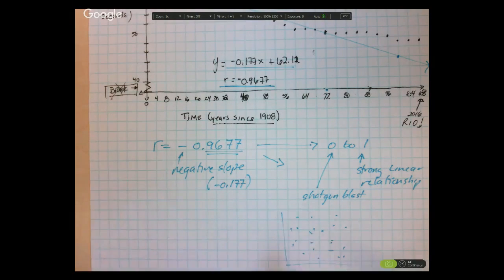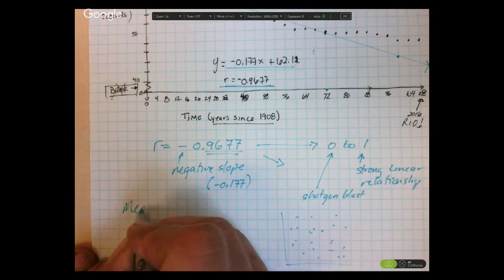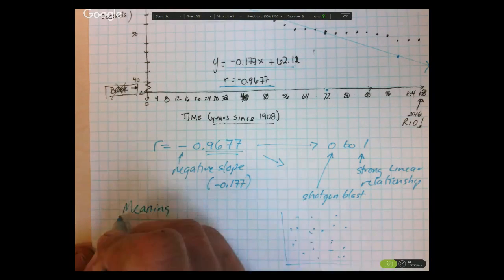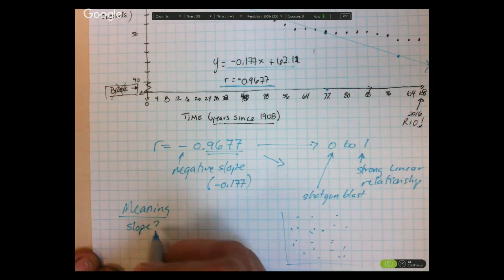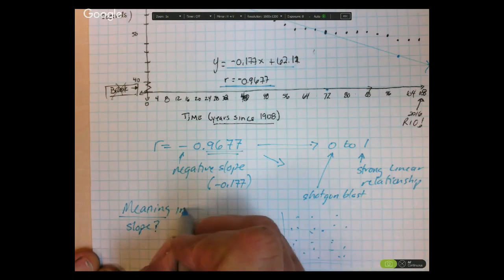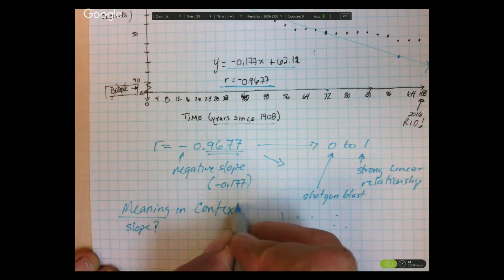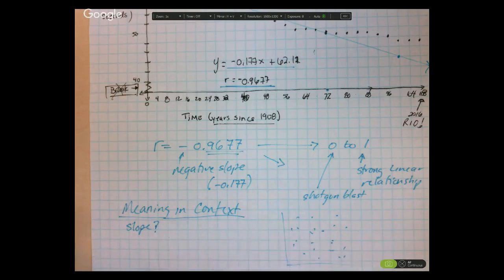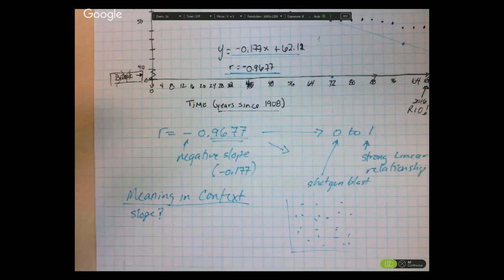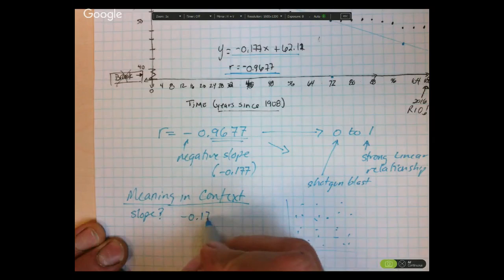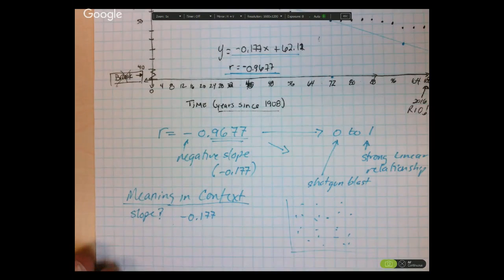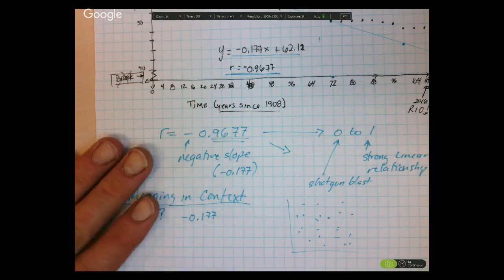All right, let's talk meaning. So what is the meaning of the slope in context? This is key because this is where you're actually, if you're like a psychologist or a scientist, this is what matters. Our slope was negative 0.177. Remember, slope is the y over the x, right?